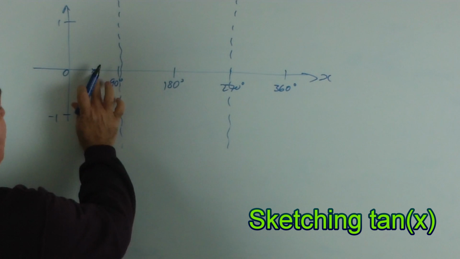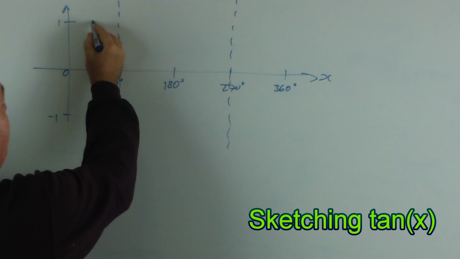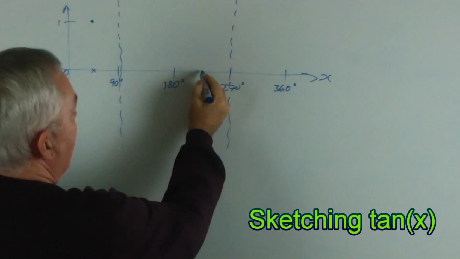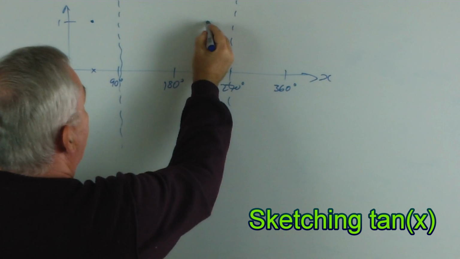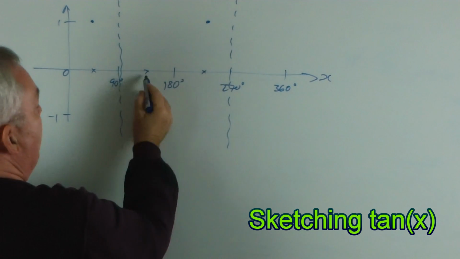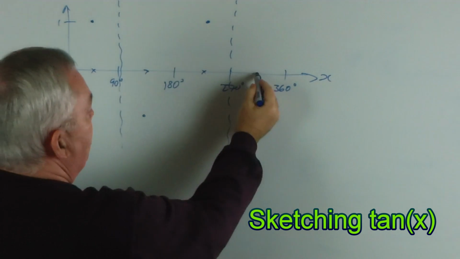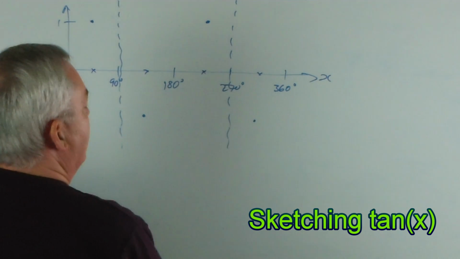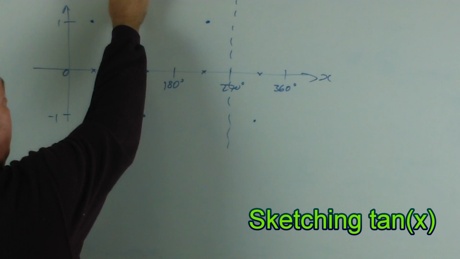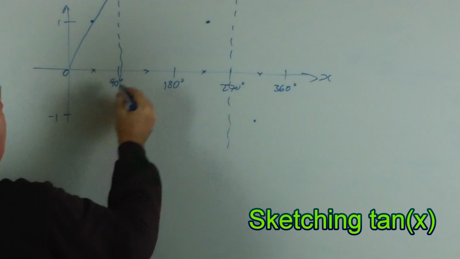The halfway mark, which is 45 degrees, has a tangent of 1. The same will apply here, tangent of 1. The halfway mark here will have a tangent of -1, and the halfway mark will have a tangent of -1. And the tangent will come asymptotically down here and through 0.